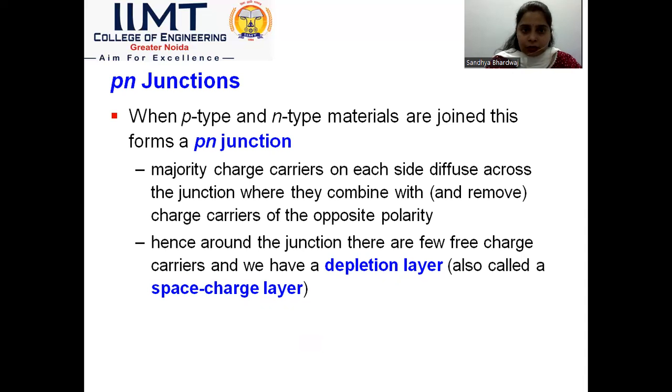In a PN junction, majority charge carriers on each side diffuse across the junction, where they combine with and remove charge carriers of the opposite polarity. Hence, around the junction, there are few free charge carriers and we have a depletion layer, also called a space charge layer.